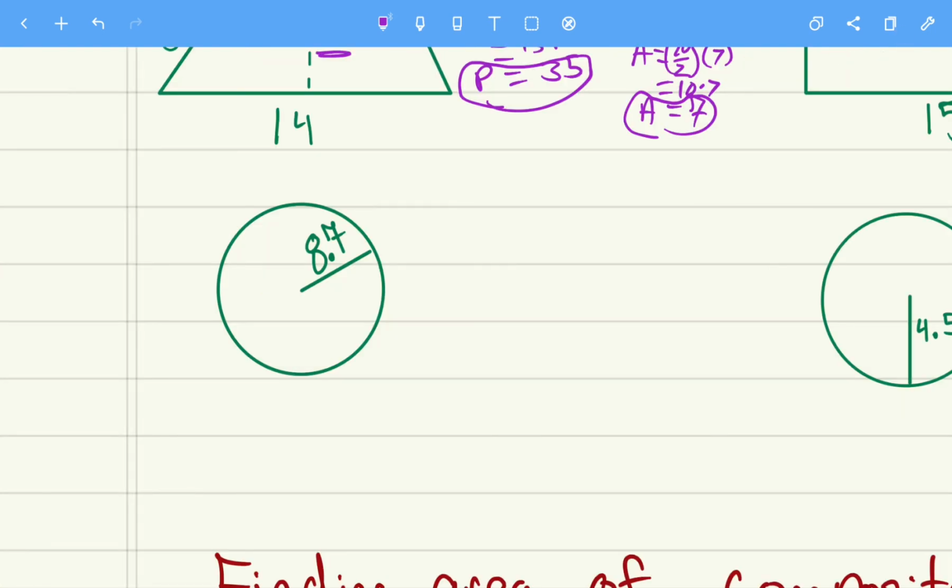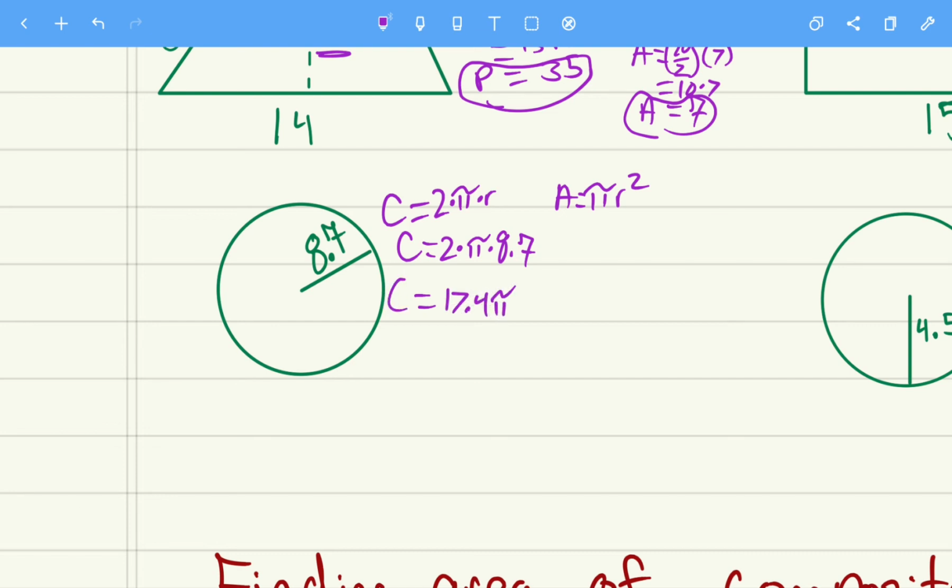Now let's look at the circle. Now the circumference, remember, is 2 times pi times r. And the area is pi r squared. So let's look at this. Circumference is 2 times pi times 8.7, which gives us 17.4 pi.